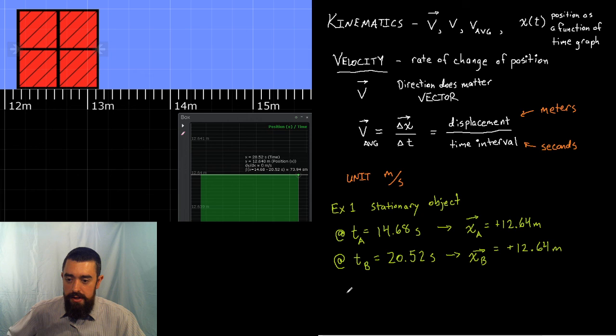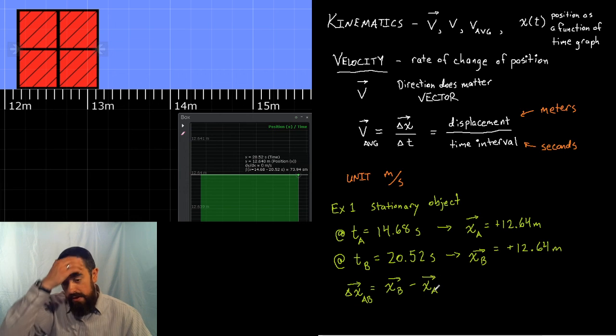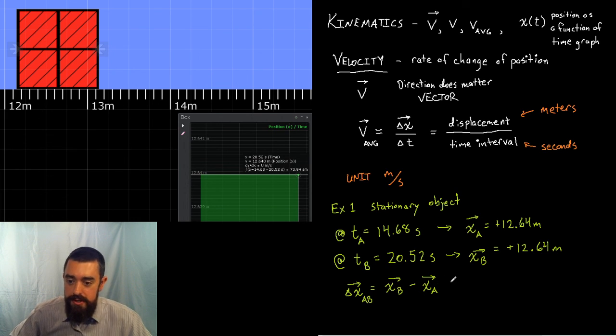Alright, so it should be pretty clear that if we do the delta x calculation for displacement, the delta x from A to B was, I'll do it with the letters first, xb minus xa, the equation for displacement, later position minus earlier position.